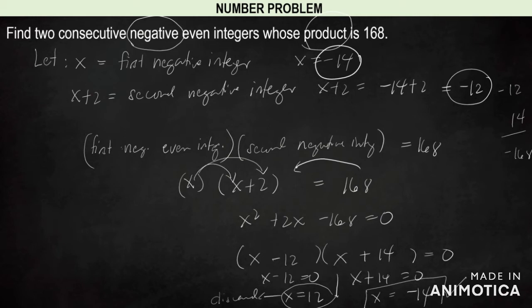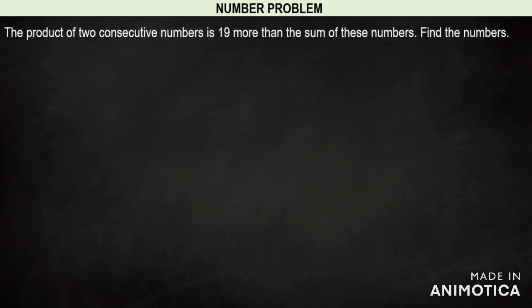For the last number problem, we have: the product of two consecutive numbers is 19 more than the sum of these numbers. Find the numbers. Okay. So we have here two consecutive numbers, which means the difference between the first and second number is 1.